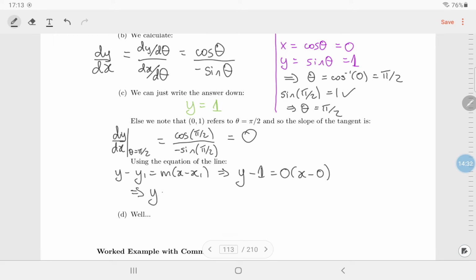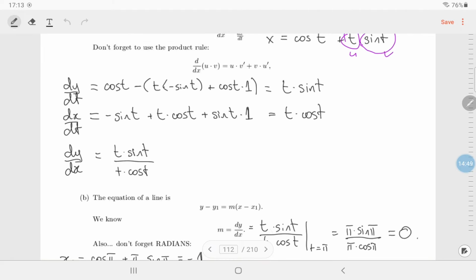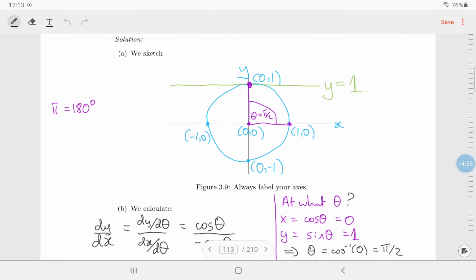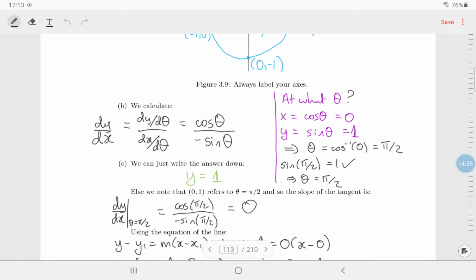So we have y minus 1 is equal to 0. And I recommend you write your lines in the form y equal to mx plus c. In other words, y is equal to 1. If you want, you could say 0x plus 1. In any case, our picture's up the top. You could have actually done it in one line if you understood what was going on.